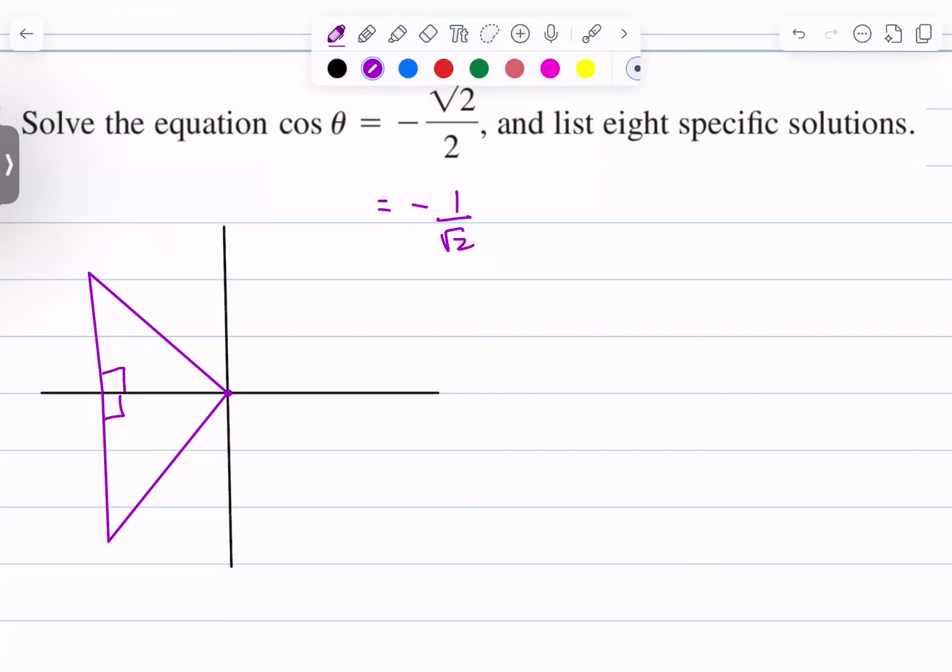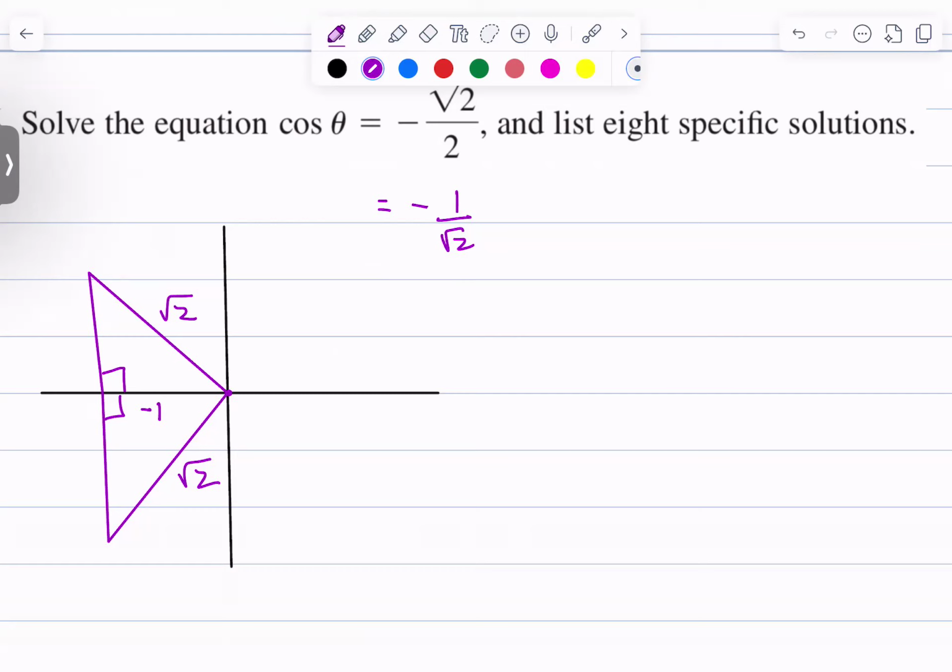I know cosine is x over r, so that's going to be 1 over square root of 2. This is negative because I'm on my negative x-axis, so negative 1 over square root of 2, right?